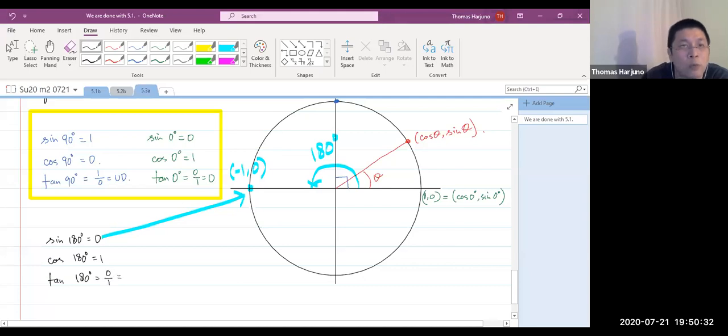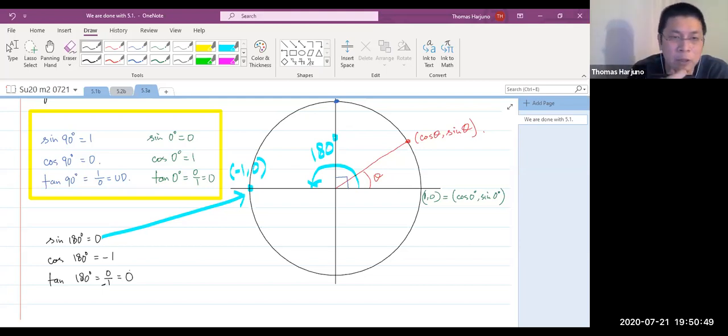Sorry, it's -1 for the cosine. I don't think there's any other way to come up with the cosine, sine, tangent of 180 degrees, 0 degrees, 90 degrees, except by doing what I have done here.